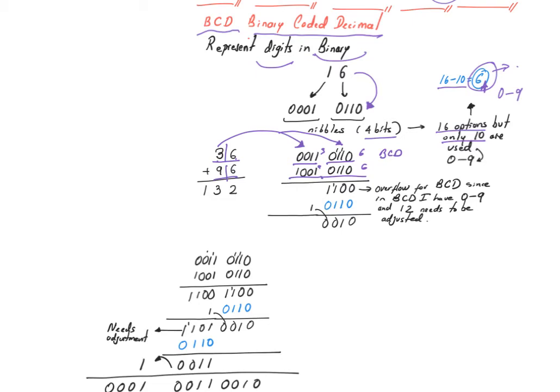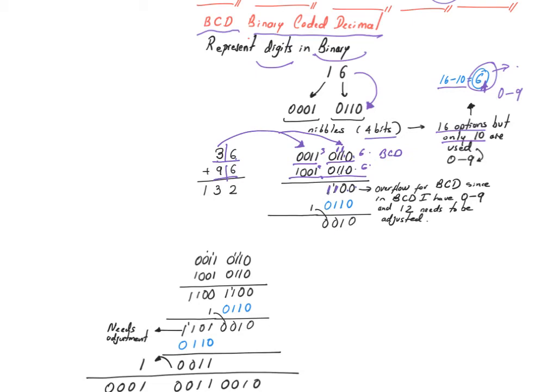So let's add these two 6s, right? We have 0 plus 0, 0, 1 plus 1, 0, and we carry 1. 1 plus 1, 0, and 1 additional is 1, and we have that 1 carry. And 1 plus 0 plus 0 is 1, right?